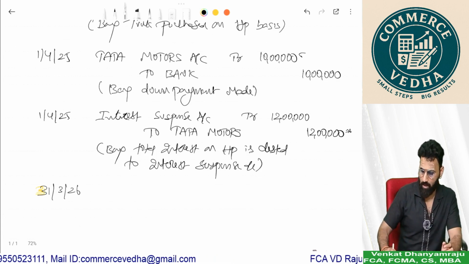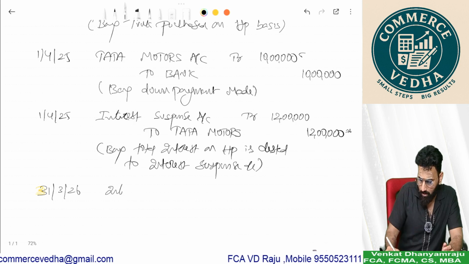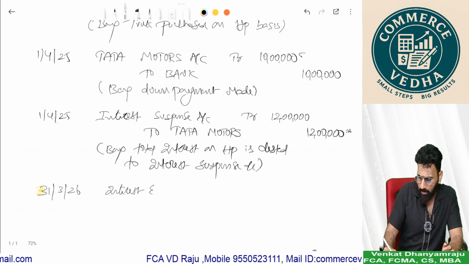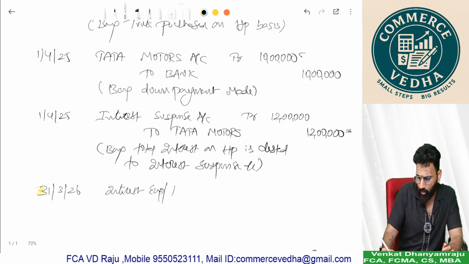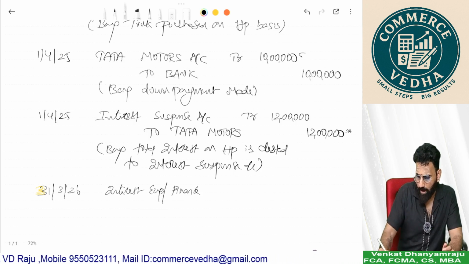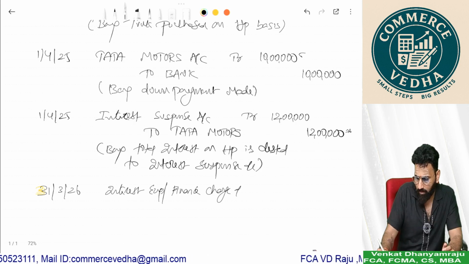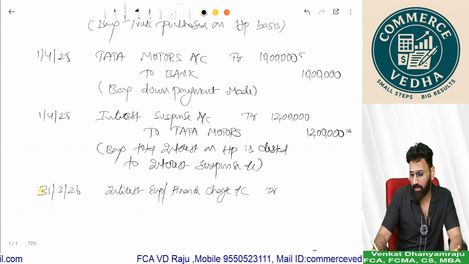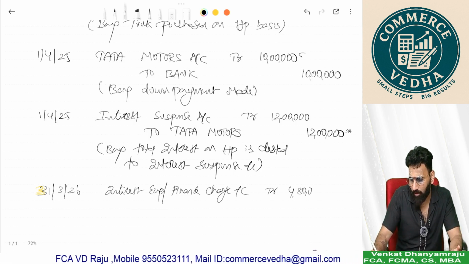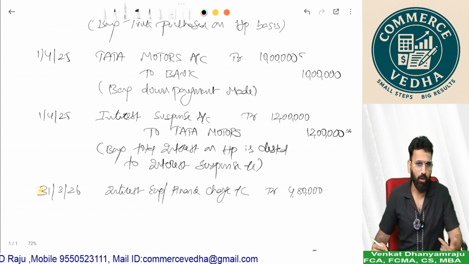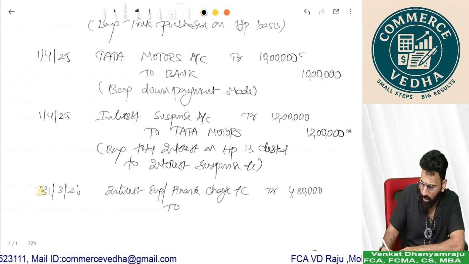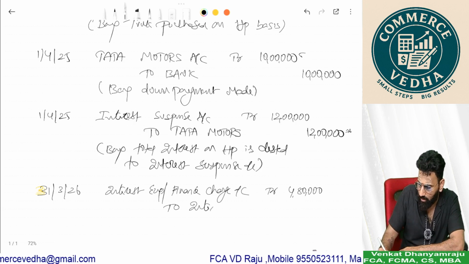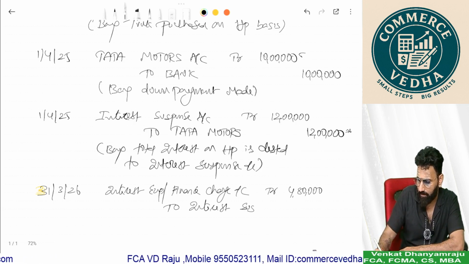I should pay interest expense, or I can call it finance charge, whatever name I call it. Right, debit. How much is the interest for the first year? 4,80,000. Accounted the interest, from where I should cancel to interest suspense.